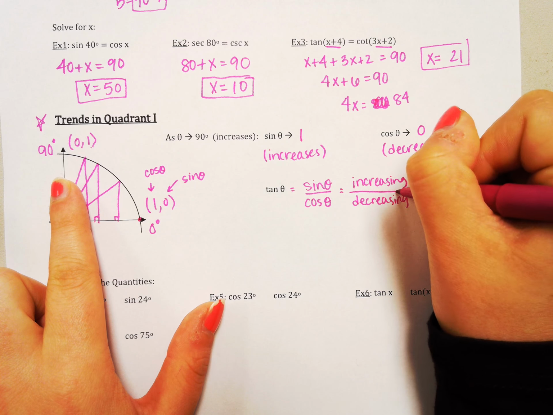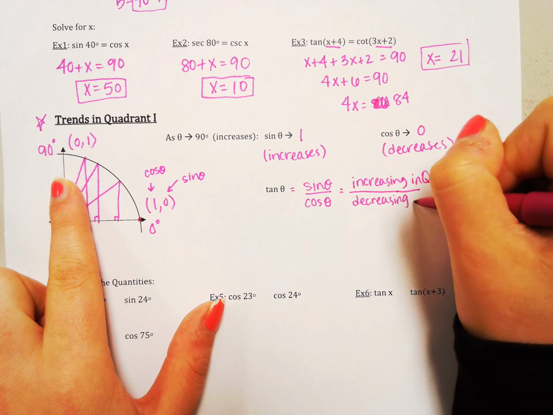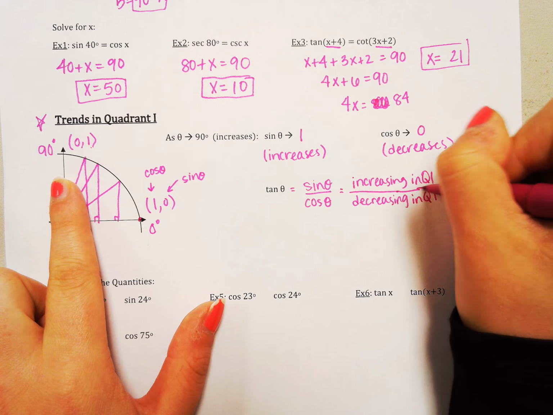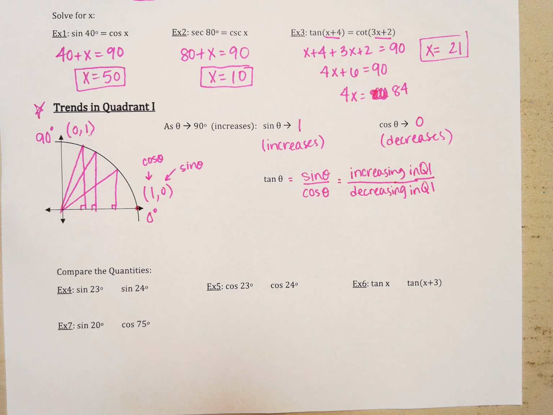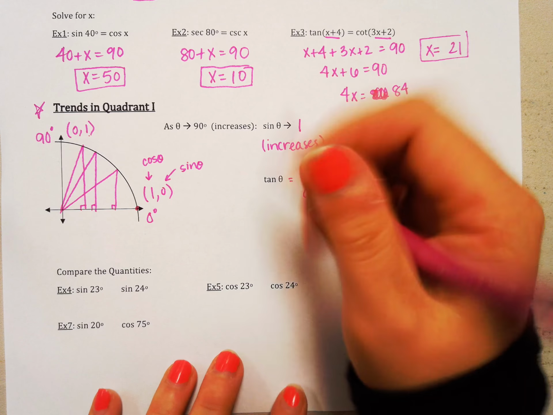And this is in quadrant 1, so I'll write that in quadrant 1, because it's not true in every quadrant. But at least in quadrant 1 I have something that's getting bigger over something that's getting smaller, and a bigger value over something that's smaller is also going to increase.